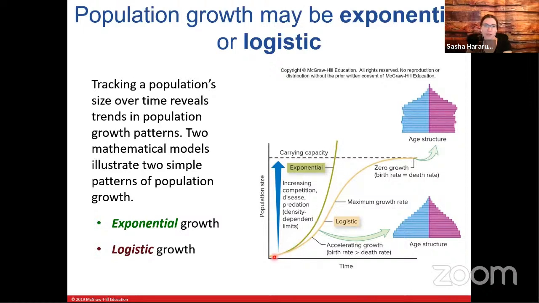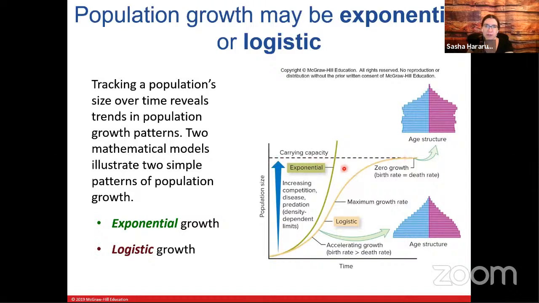And the second type is called the logistic curve. So in logistic curve, there is a phase of exponential growth. So there is a portion of the curve that is kind of the same between the green colored curve and the yellow curve. But over time, in the logistic growth, the population levels off at some level.